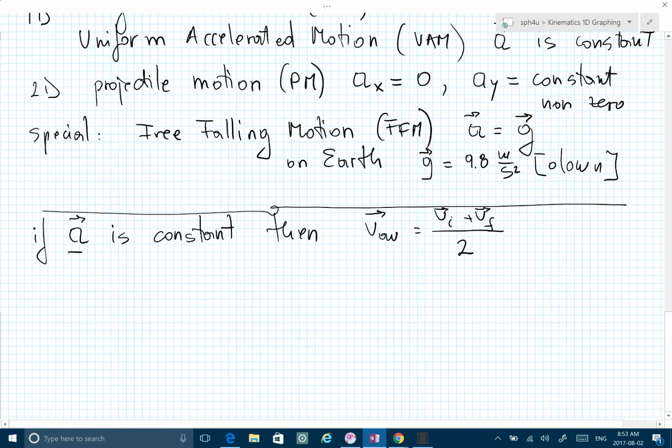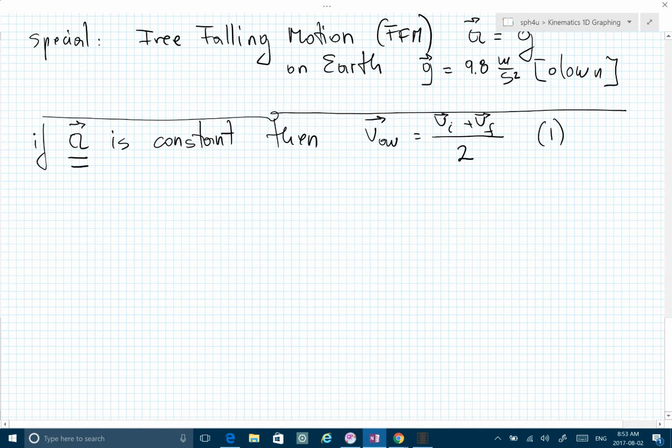So remember, only if the acceleration is constant, then you can use this. So here is one equation. Then I'm going to write the other one. The other one is a rearrangement of the definition of the acceleration, which is vf equal to vi plus acceleration times time, right? That's equation 2.